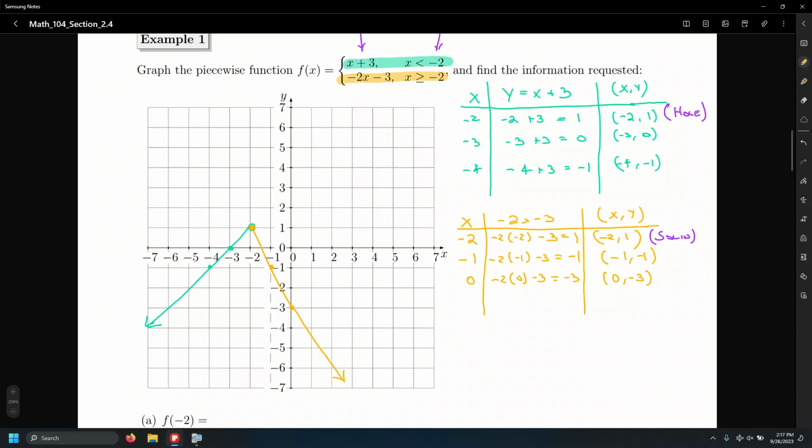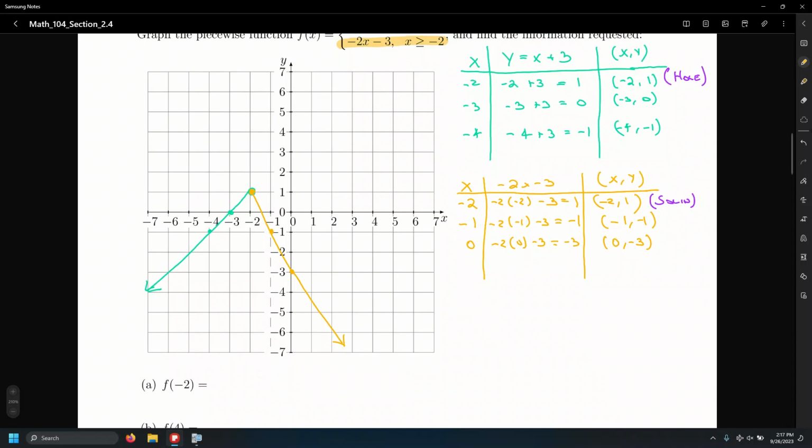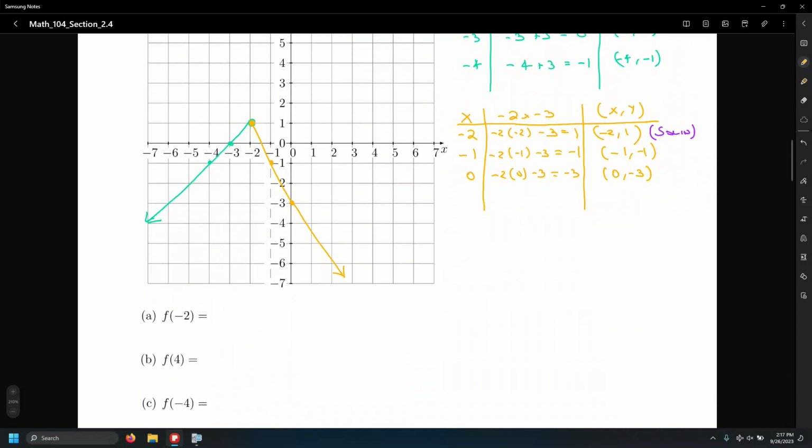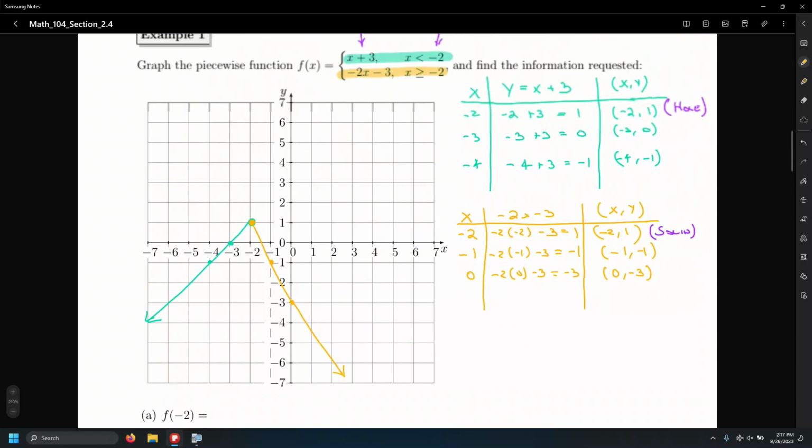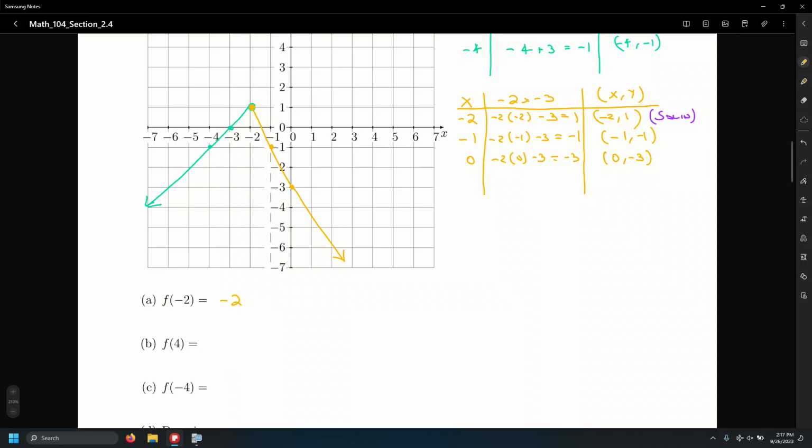The second one, right? Because it says x greater than or equal to negative 2. So in this case, on the second one, negative 2 times negative 2 minus 3. That's 4 minus 3, which equals 1. That's the solid point we had over here.